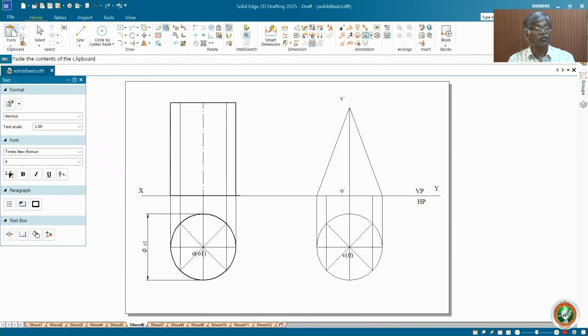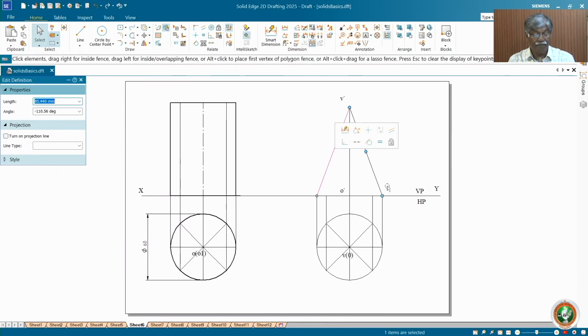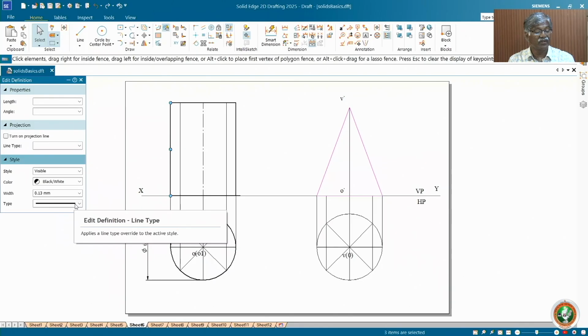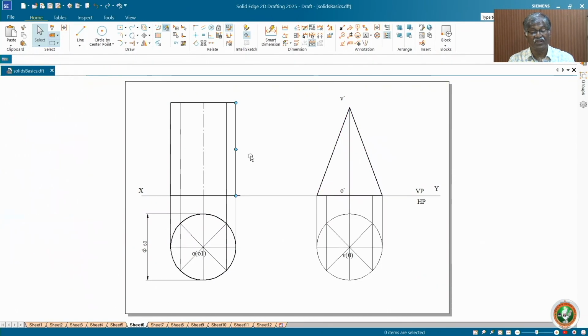Now start working with this. Select these two, and this one I think I have made dark. So dark line, yes, there. Only you have to change the value. That's all.